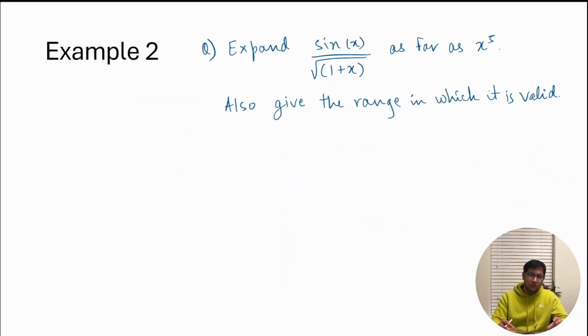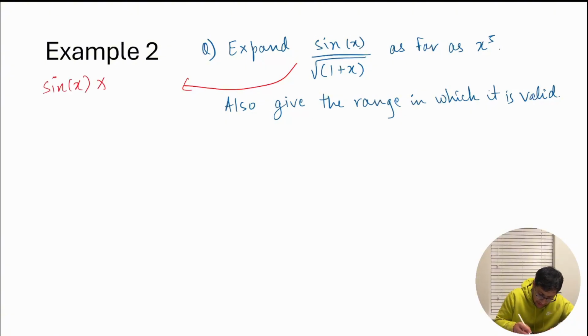A much trickier example of this type of question is expanding sine x times the square root of 1 plus x. We've just seen 1 plus x, so it should be fresh in your memory. As a reminder, this is sine x times 1 over the square root of 1 plus x.